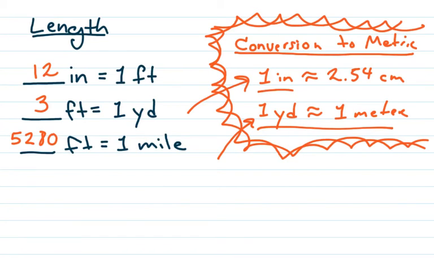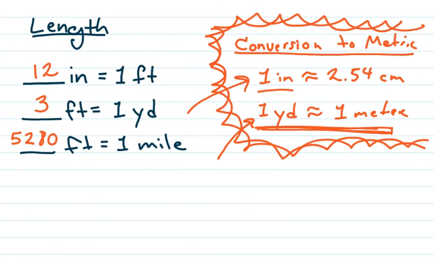Maybe that 1 inch is equal to 2.54 centimeters. But 1 yard is approximately equal to 1 meter is a good estimation. I mean, the way I think about it is you have yardsticks and meter sticks, and they're both approximately the same length. Okay? So that's what I want you to memorize as far as length goes.